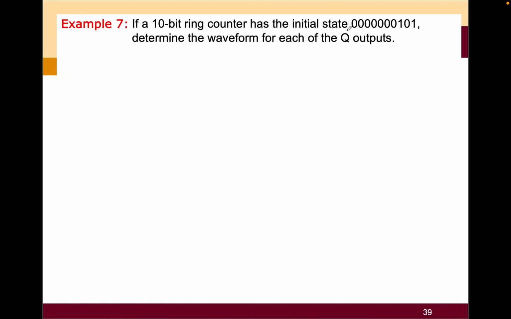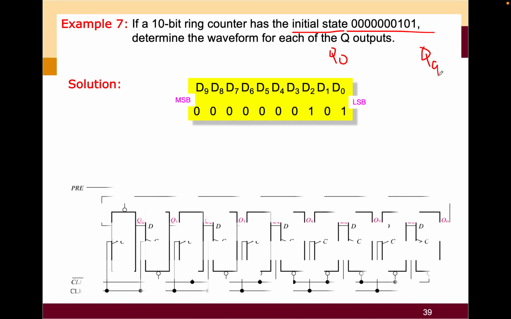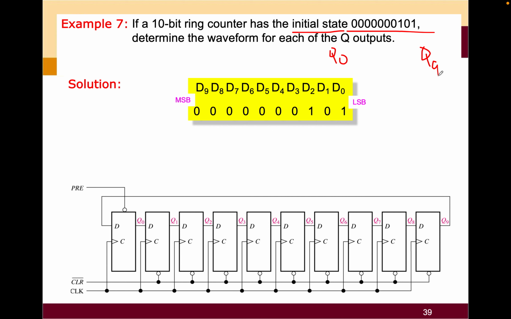Okay, this is the data input example. For example 7 here, given the initial state, determine the waveform for each of the Q outputs. Let's say you're going to have Q0 until Q9, and initially you have the MSB and LSB.